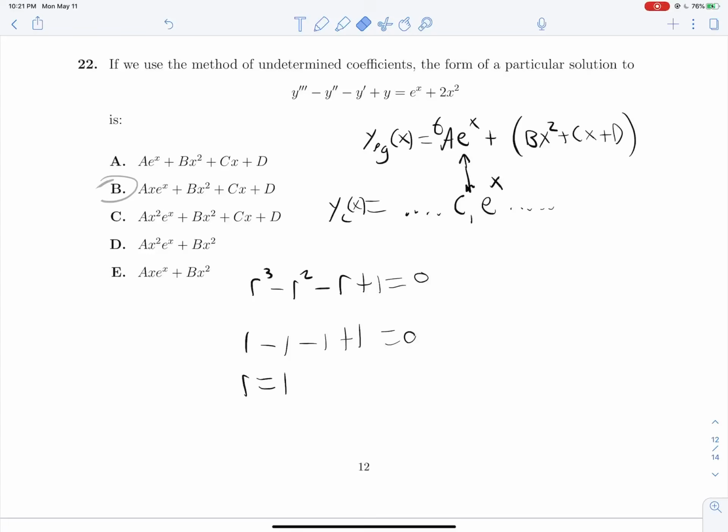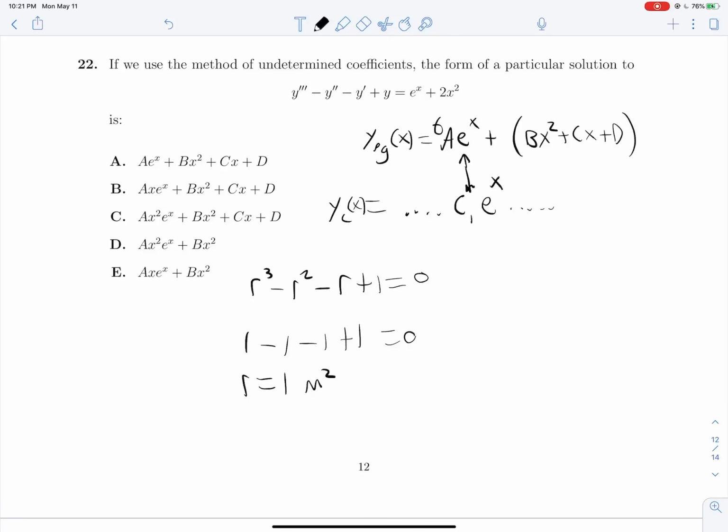Oh no. Okay, well, I guess I'll just talk about why b is wrong then, because b is wrong, and it looks like it's wrong for a really rude reason. Okay, so turns out that r equals 1 actually has a multiplicity.